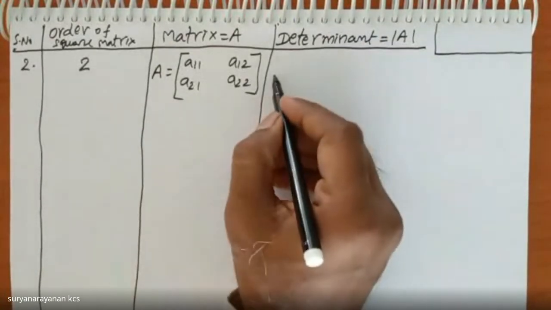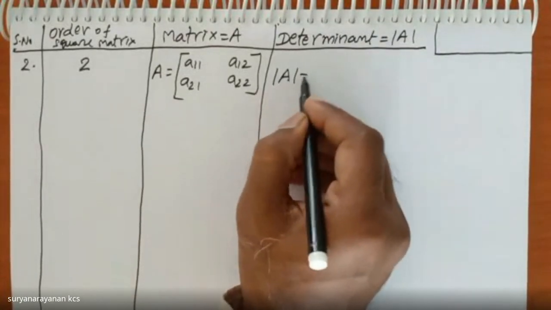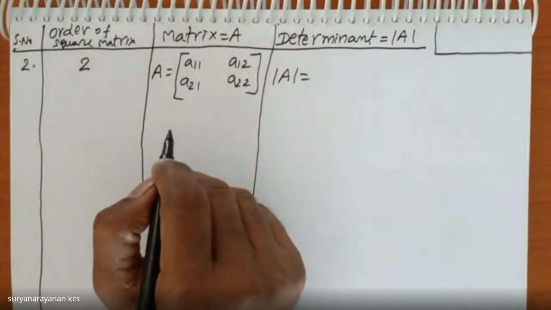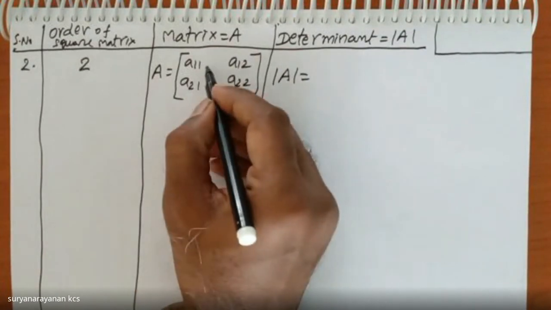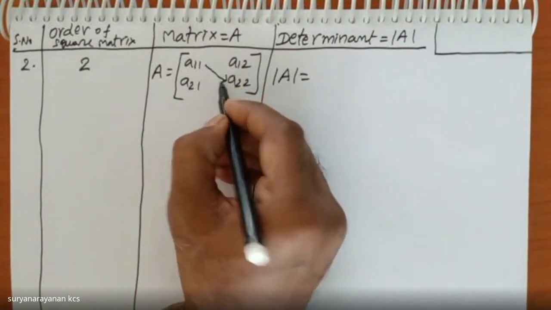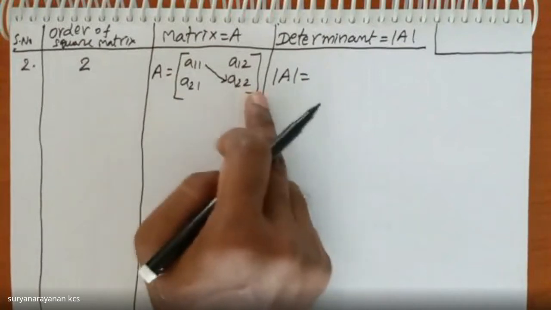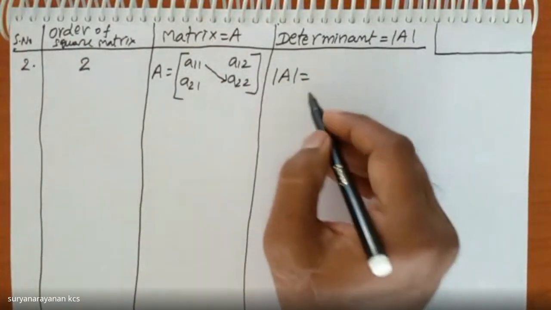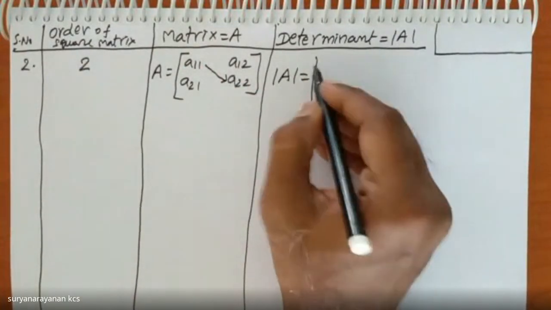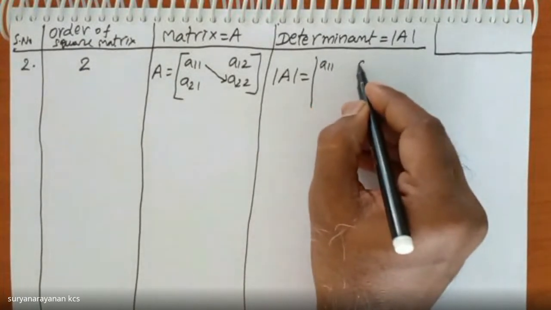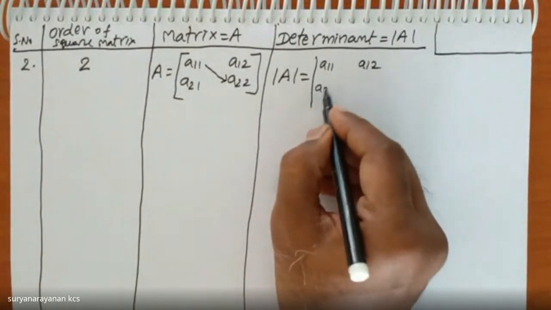In this case, to find the determinant of this square matrix, just like cross multiplication, multiply these two numbers. We can denote it like this also: det of A11, A12, A21, A22.